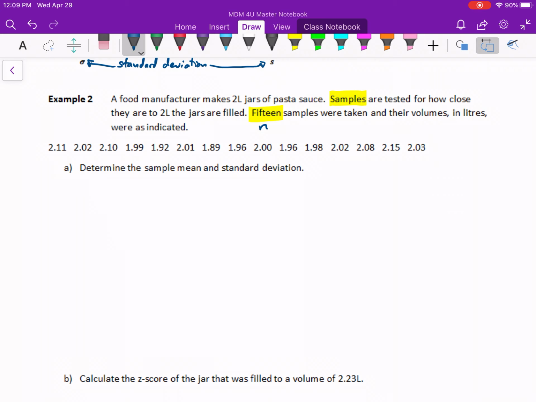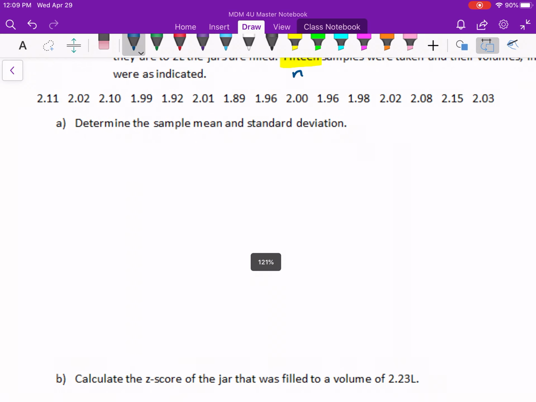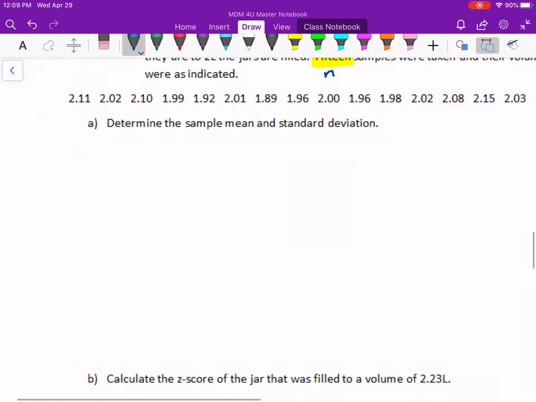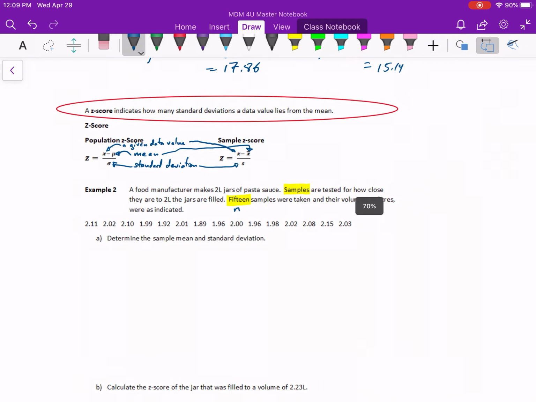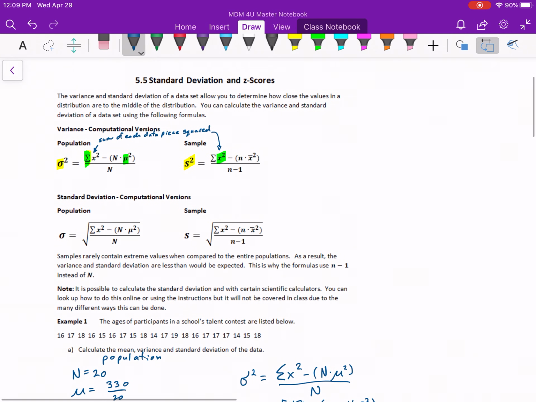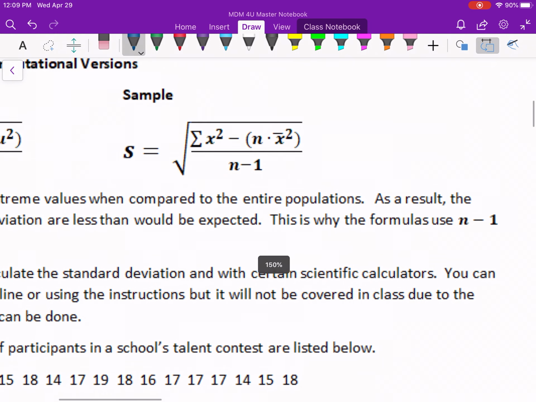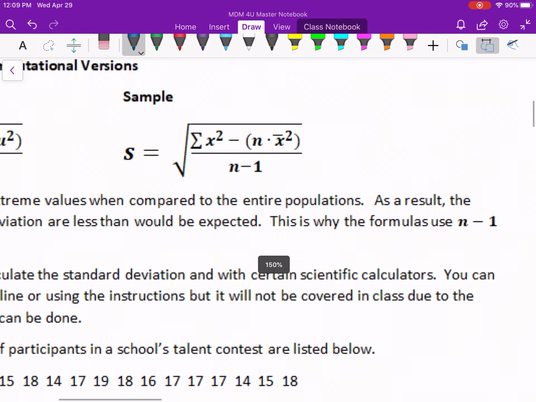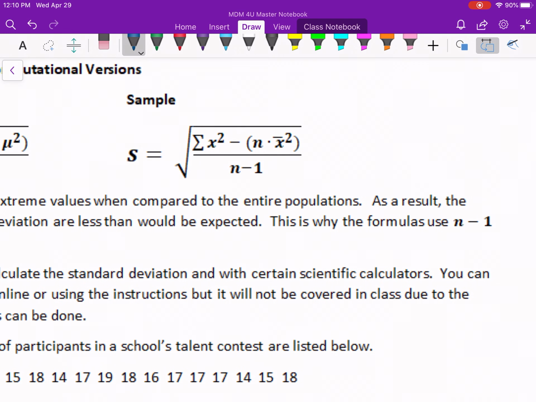We want to get the sample mean. Again, they even tell us in this case, get the sample mean and the standard deviation. So I could use the formula up here at the top. I could square each of those 15 numbers and then add them together.